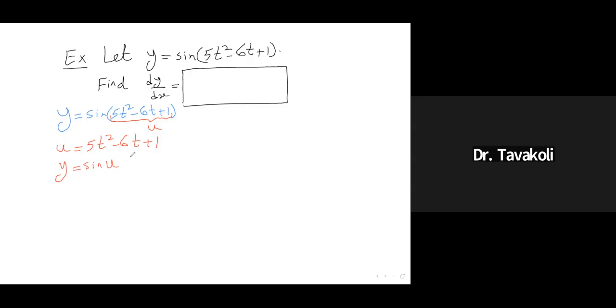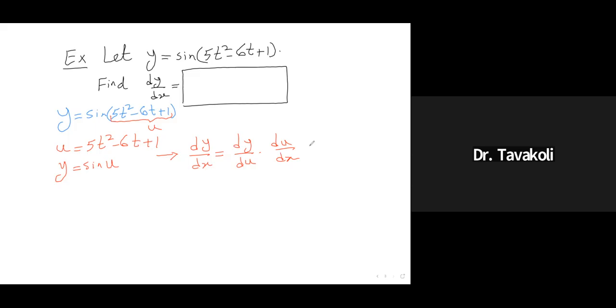With respect to t, it's a function of t. But with respect to y, it's a variable. Again, we apply the chain rule. Dy over dx is dy over du times du over dx. That's the chain rule.